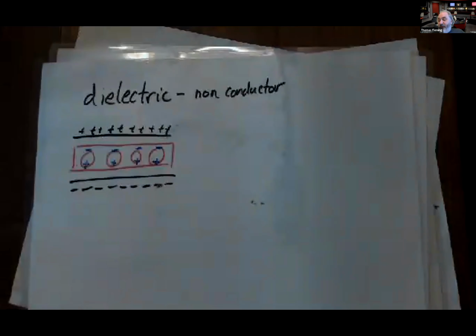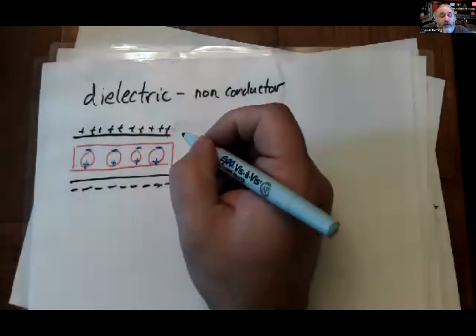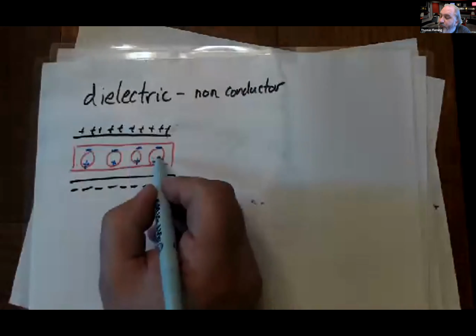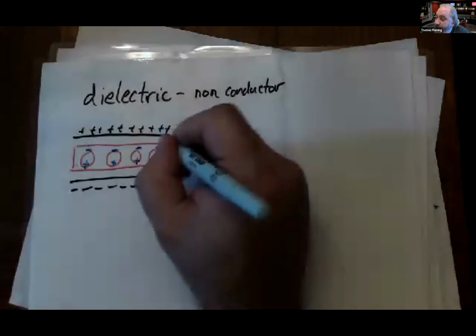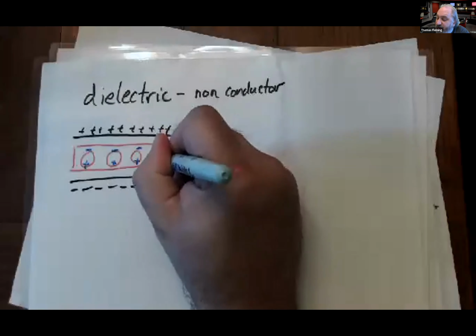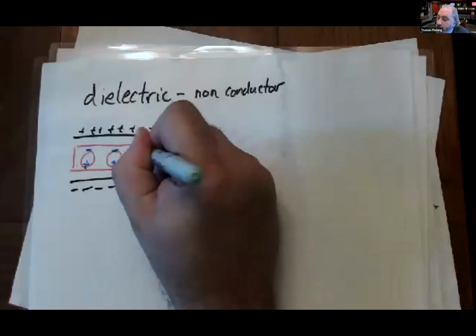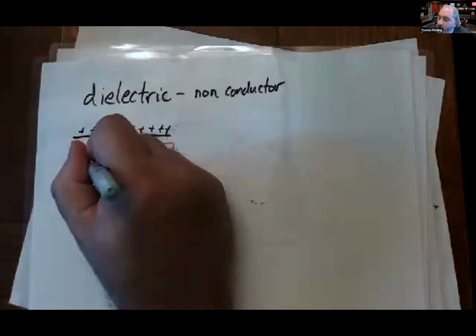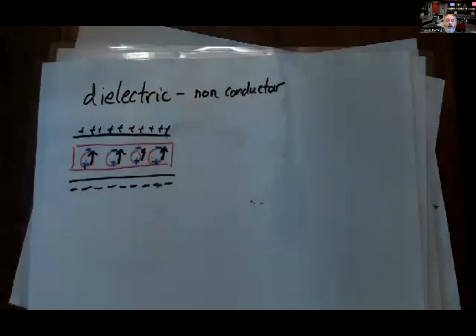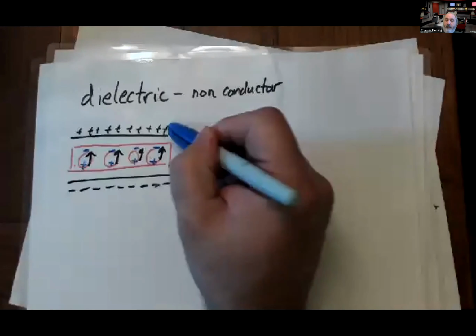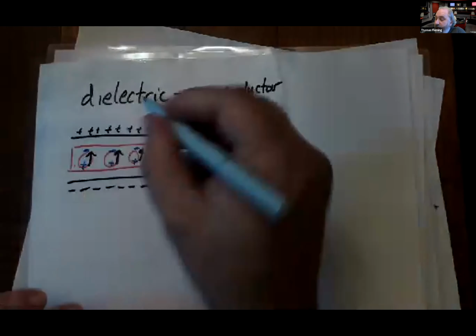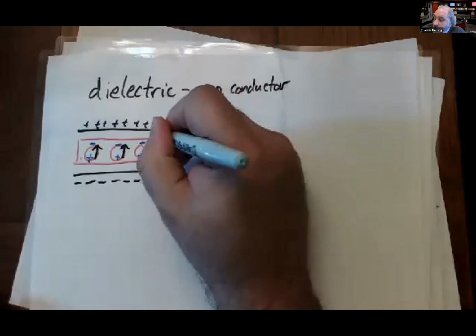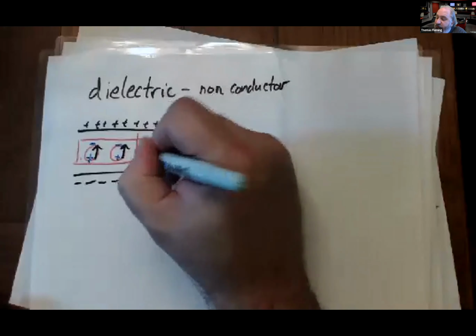And when that happens, it's going to generate an electric field. But look, the electric field created by each of these atoms is from the positive to the negative. It's upward. But the electric field created by the plates, I was using red earlier, is the opposite direction.